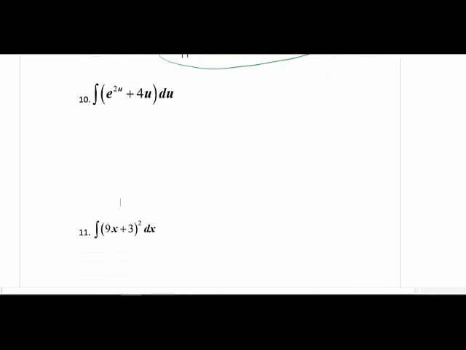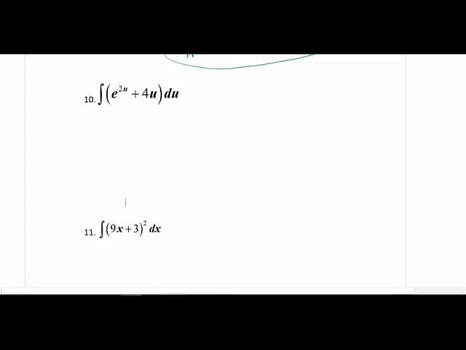So we're going to start with number 10 now. And remember, you only have 3 rules, 3 options. I am taking the antiderivative of each piece separately. So the antiderivative of e to the 2u, we keep it, and then we again divide by that coefficient of the exponent.